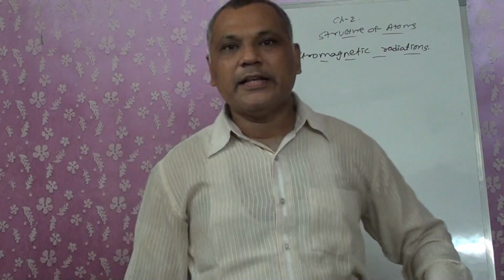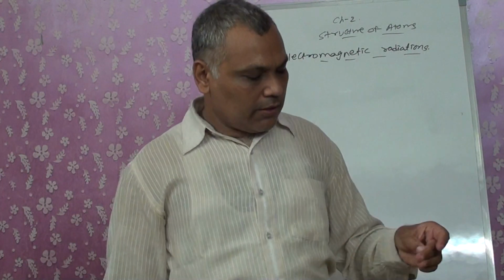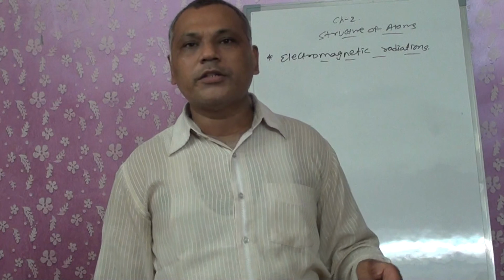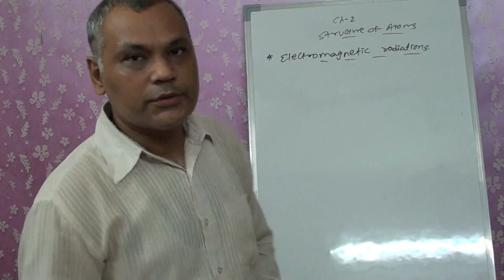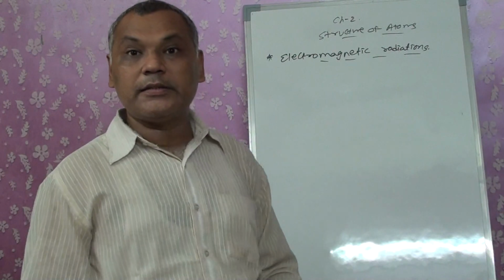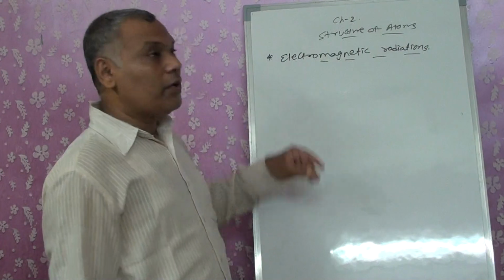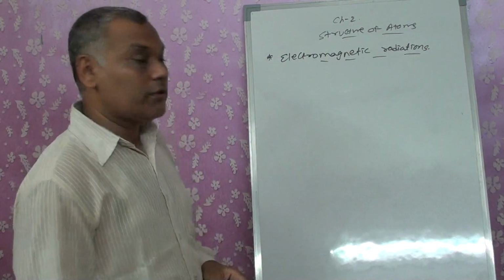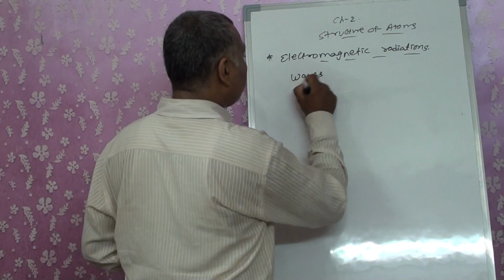Whatever the rays, take sunlight as an example, it travels a very long distance, coming in the form of waves. They also have some mass present in them. So electromagnetic radiations were first of all considered to be waves.